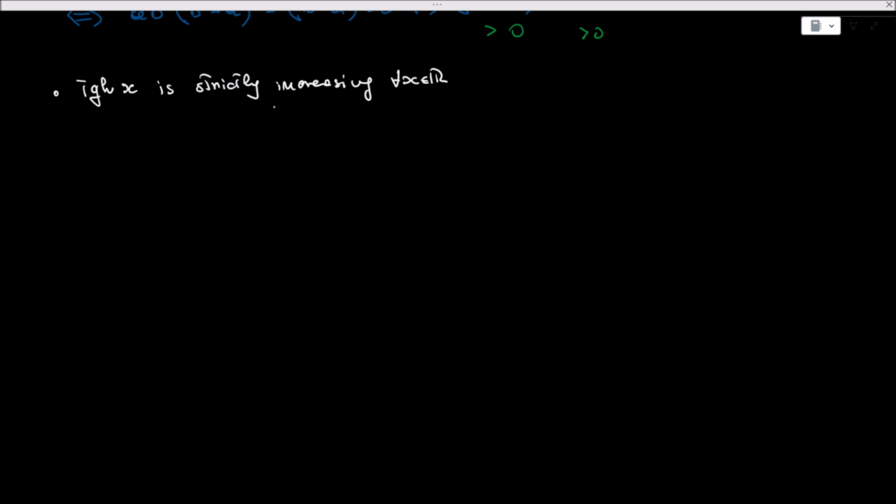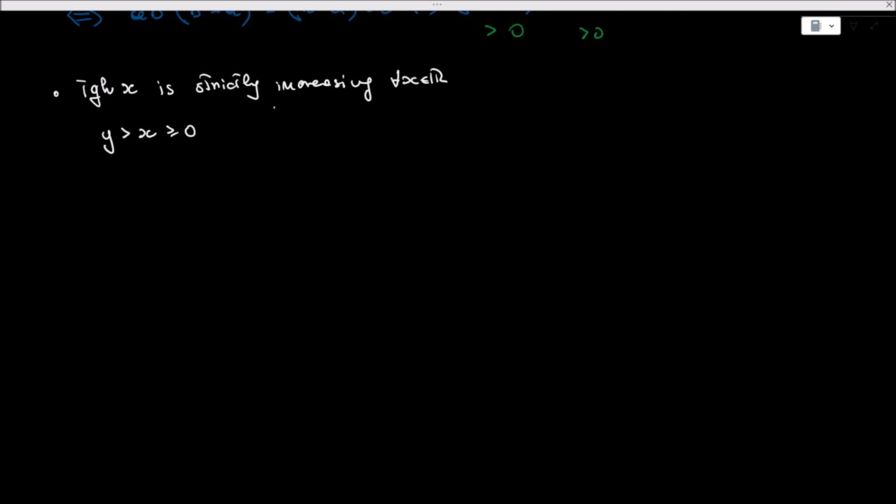Okay, once again we take y larger than x, and then again we can limit ourselves to only the positive axis, just because we know that the function is an odd function, right?